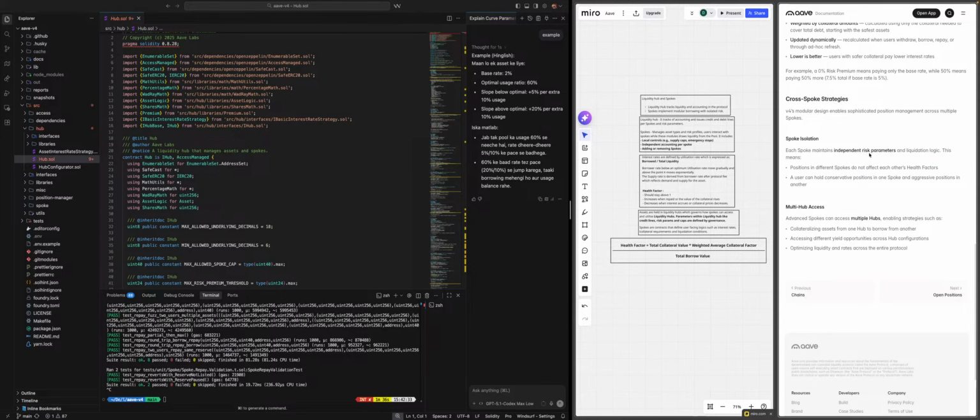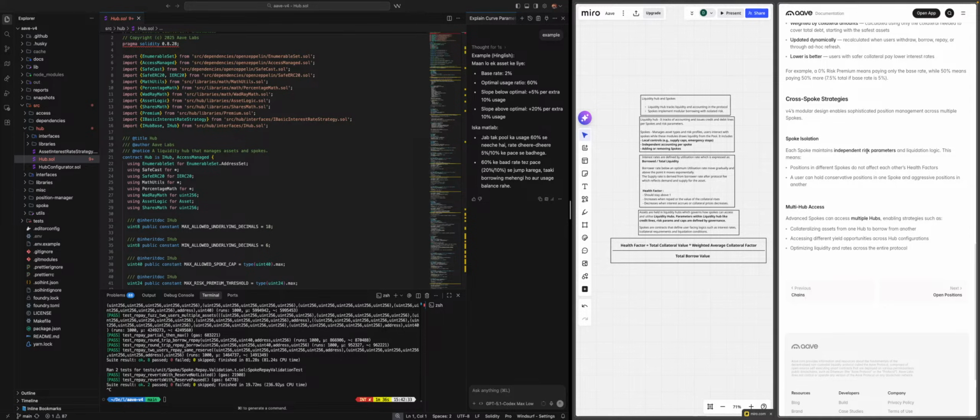So one position in one spoke does not invalidate, validate, or modify other user positions in different spokes. The user can hold conservative or aggressive positions.